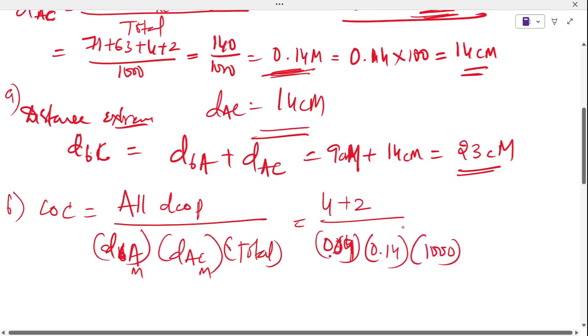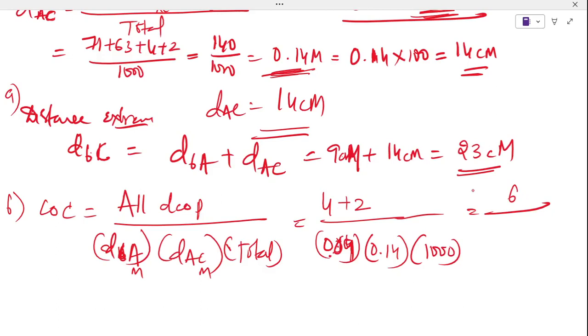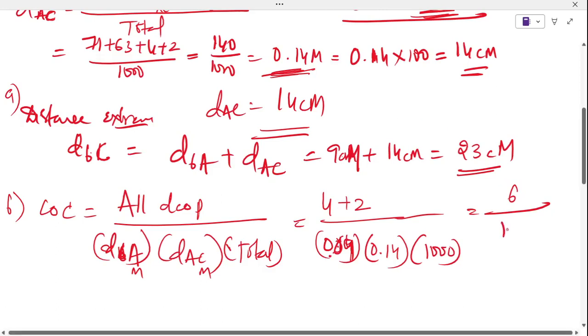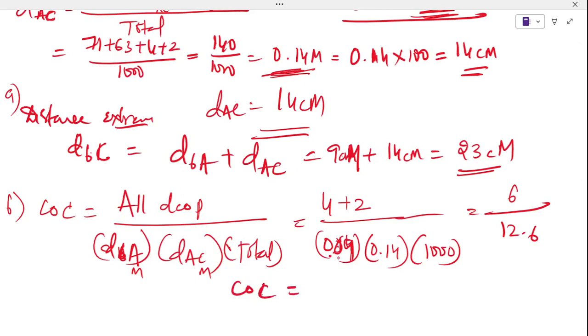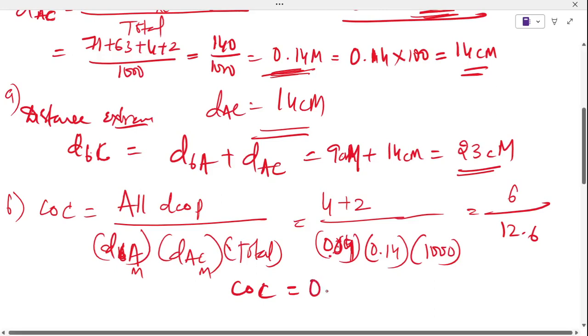So calculate that. 4 plus 2 is 6, divided by 0.09 into 0.14 into 1000. So the value is 12.6, and the coefficient of coincidence is equal to 6 divided by 12.6, that is equal to 0.476. 0.47 is the coefficient of coincidence.